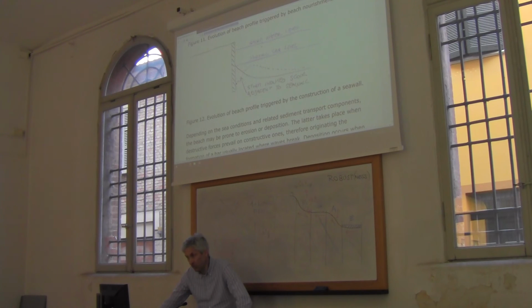If you put a seawall, you have to expect, again, a movement of sand with the development of a hole, a local scour at the base of the seawall. So we have to be careful, because sometimes, you know, what is the reaction of the environment when you put a structure?